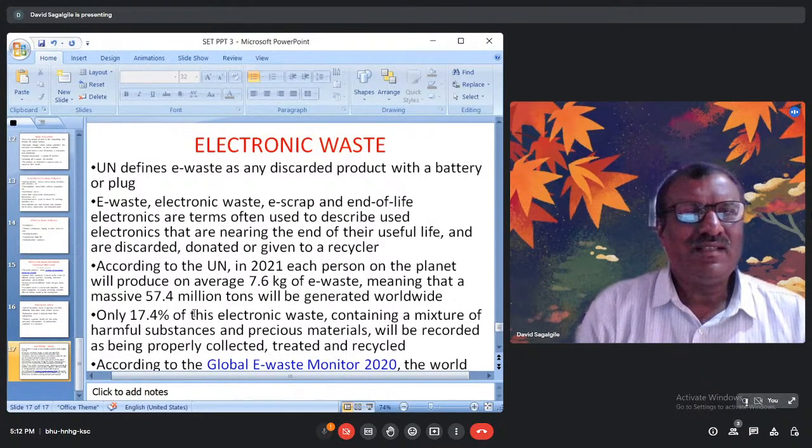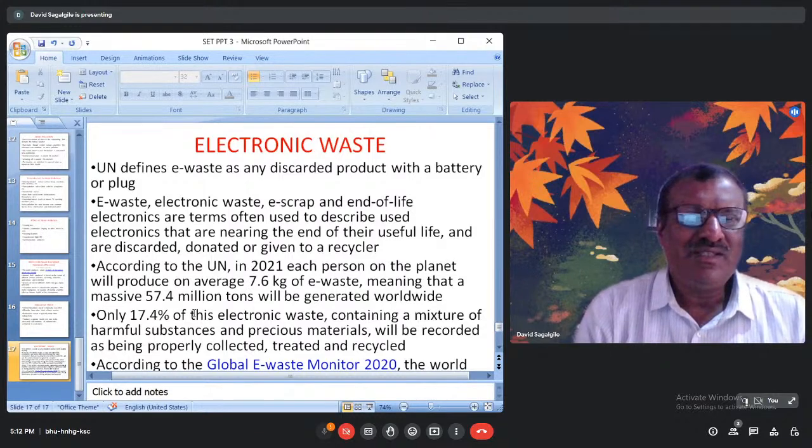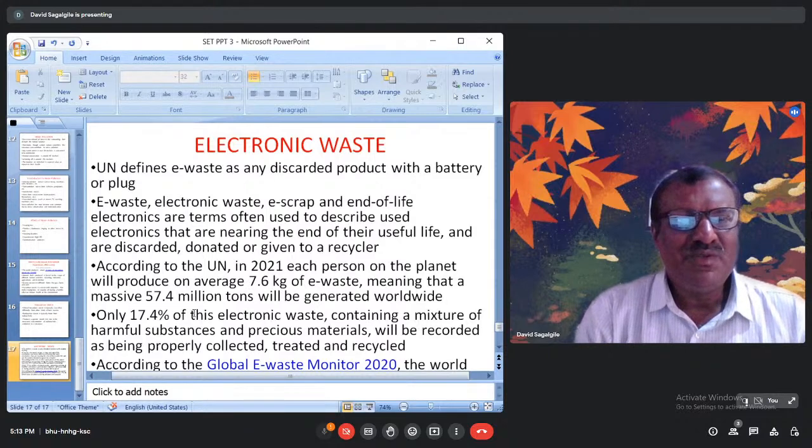Take for example your TV or your computer is not working. Either you discard it, or a person comes and collects all these goods and gives you some money, or you donate it, or you give it to a recycler. According to the United Nations, in 2021, each person on the planet will produce on average 7.6 kilograms of e-waste, meaning that a massive 57.4 million tons will be generated worldwide.